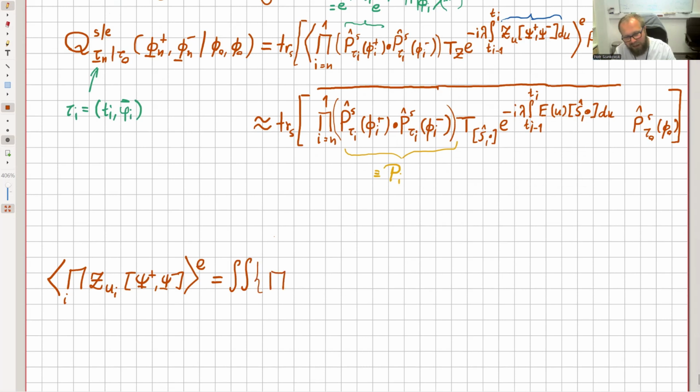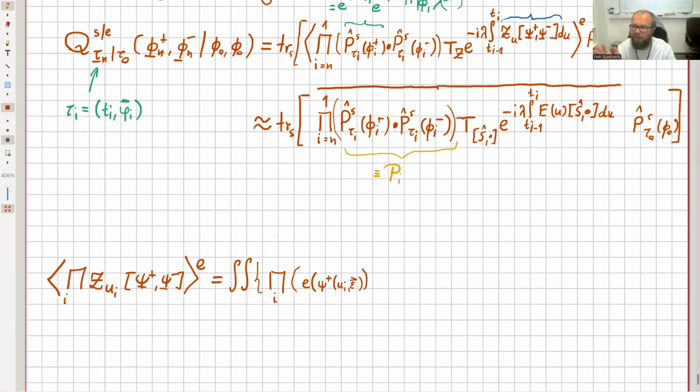We have here a product of the dynamical variables z. Let's write them down explicitly here: the eigenvalue of the coupling psi plus at u_i, coordinate epsilon.